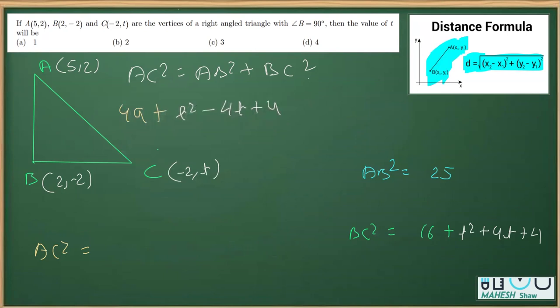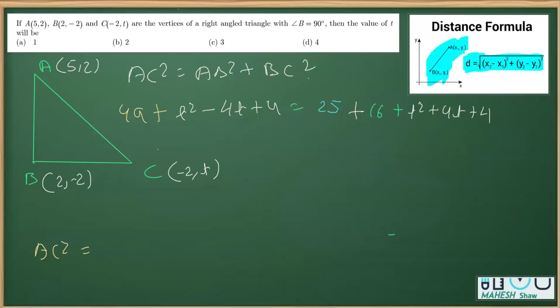AC square is equal to AB square, which we got as 25, plus BC square, which we got like this. Now I can see I can reduce this.